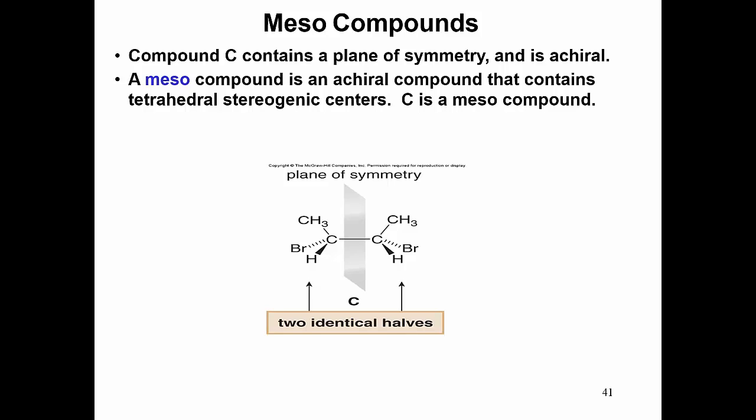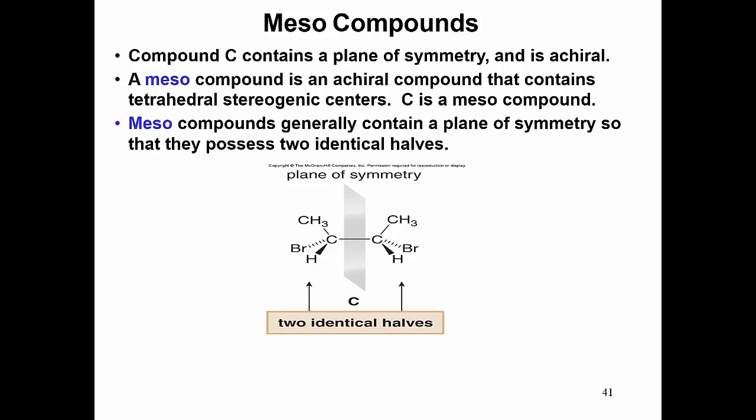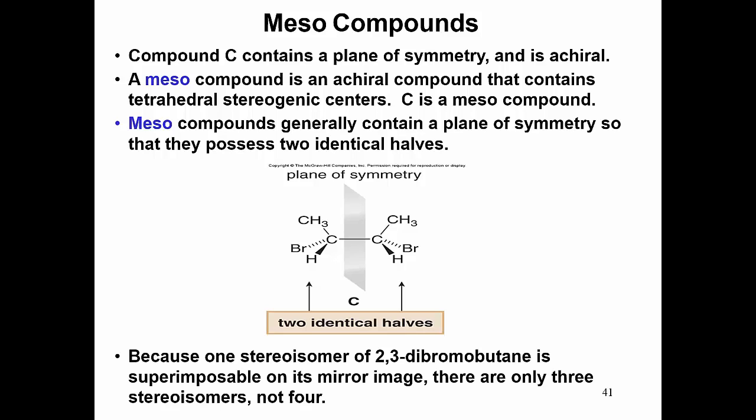Actually, each of those central carbons has 4 different substituents bound to it. But it's not chiral because there's a plane of symmetry. All right, let that sink in for a couple of seconds, and let's go on.